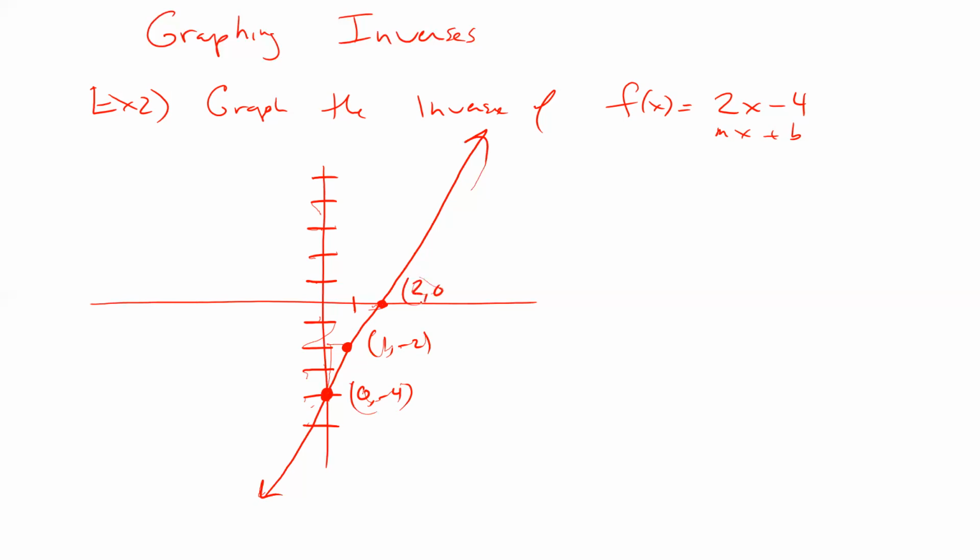And let's do a few more here. Can you guys give me this one, and this one? What are my dots here? 3, 2, 4, 4, and 5, 6. Okay.